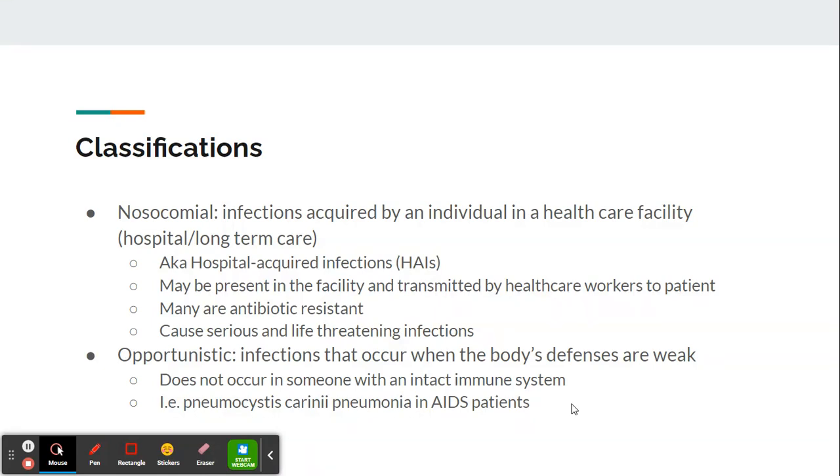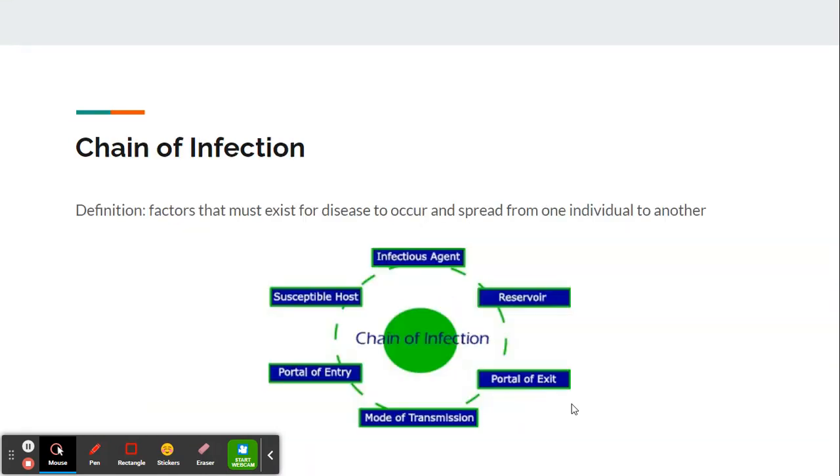Or if someone has a cold and then as a result they get exposed to another infection, whether it's pink eye, strep throat, something like that, now their immune system's a little bit weaker and more willing to go ahead and let that secondary infection in.